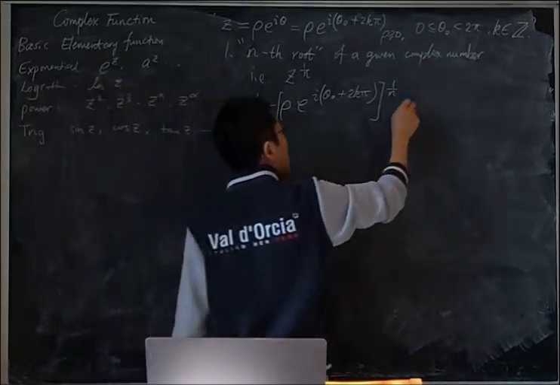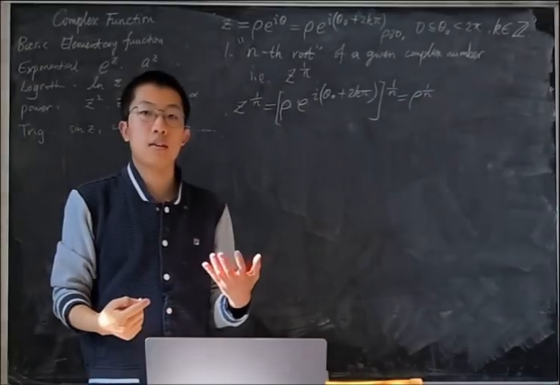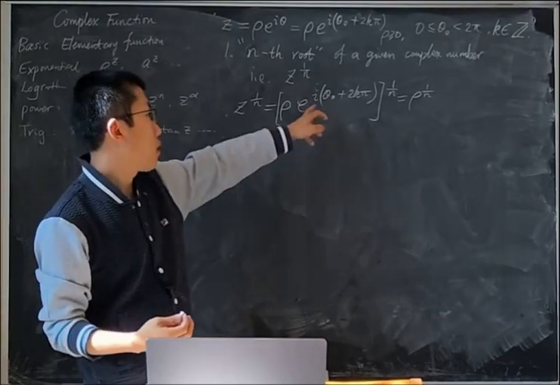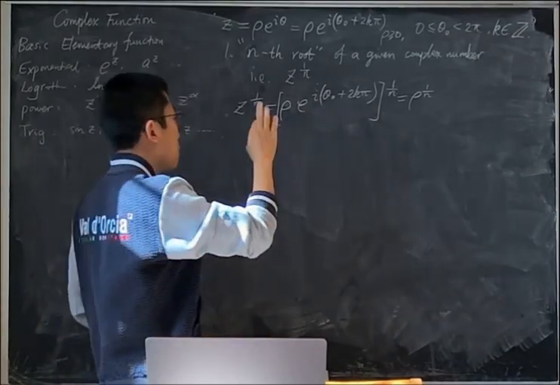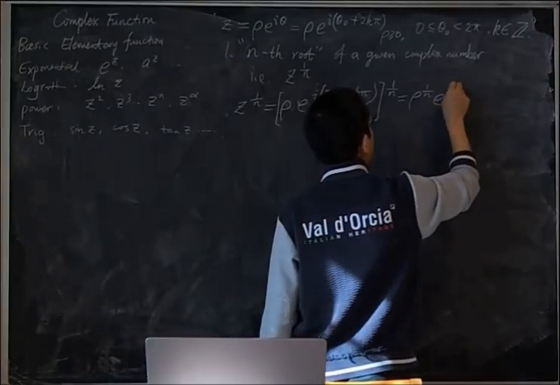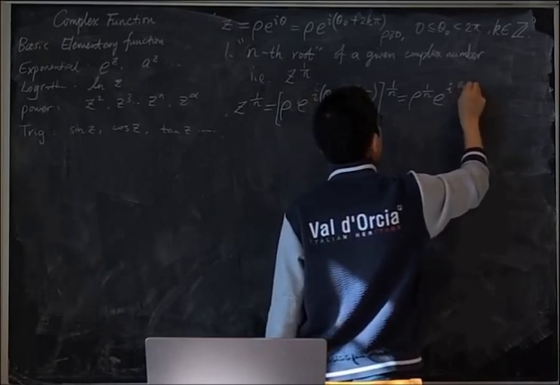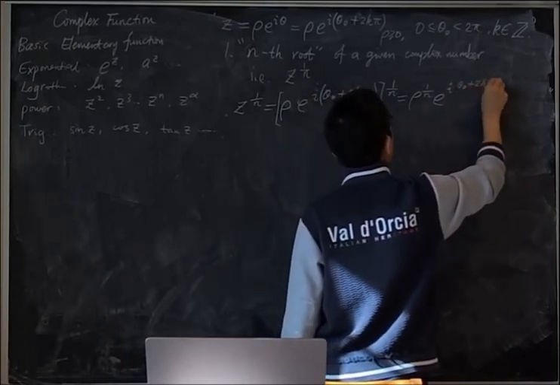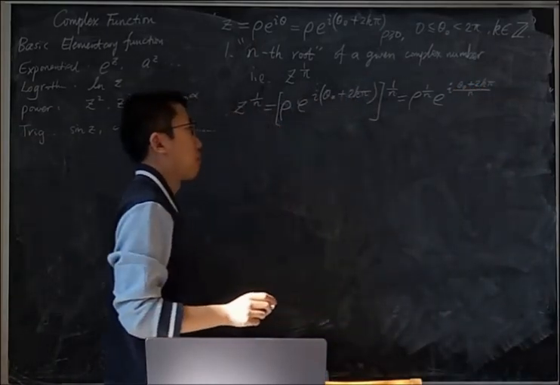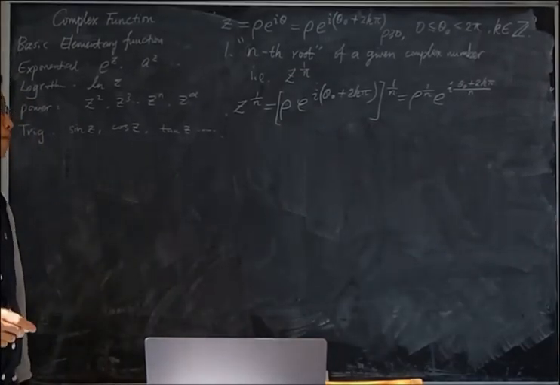And if I say rho to the power of 1 over n, this has very explicit, very certain meaning. But let's look at the argument part. If we look at the argument, that's e to the power of i (theta naught plus 2k pi) over n. Okay, this is where a problem occurs.